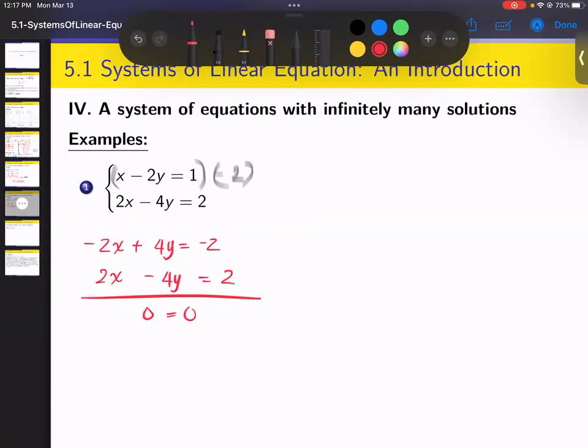Always true. Do you stop? No, you don't stop. You're going to tell me the possible pairs of solutions. So you have two lines that lay on top of each other, right?